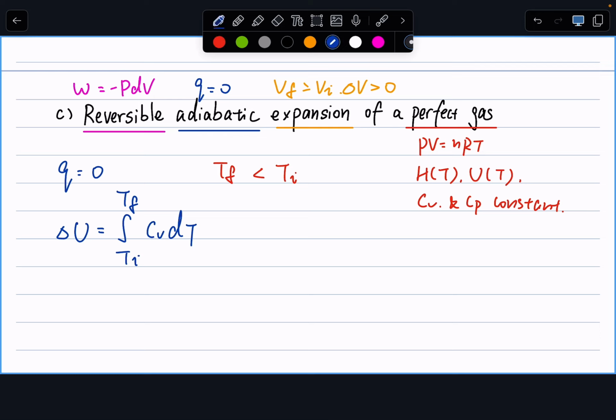As a result, my delta U equals C_V times T final minus T initial. So this one is negative, and this delta U must be negative. Same thing for delta H. My temperature is dropping for a perfect gas, so my delta H must be negative.